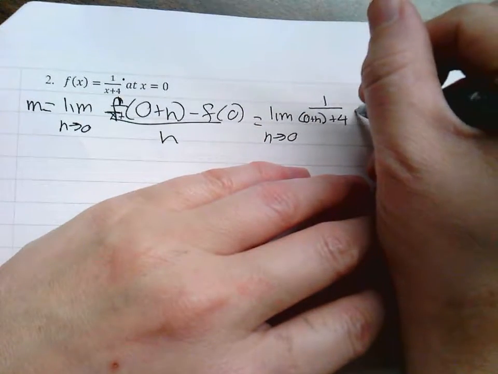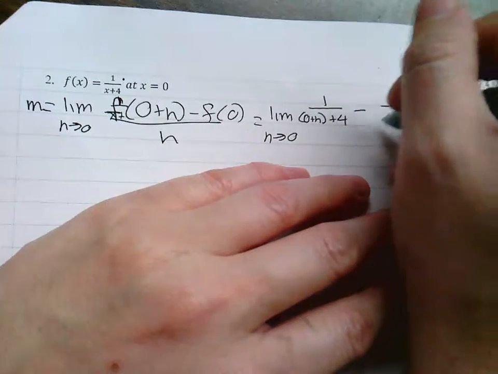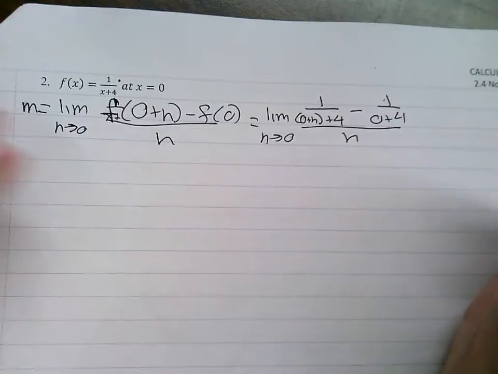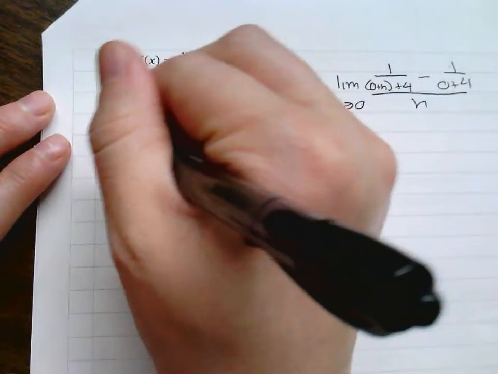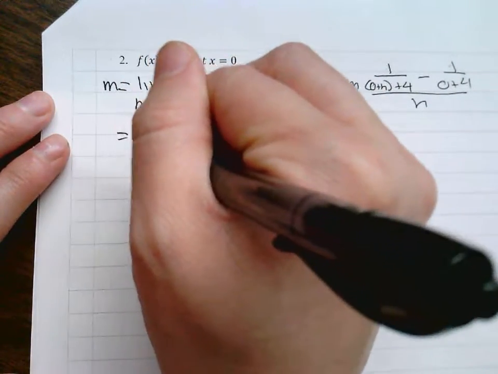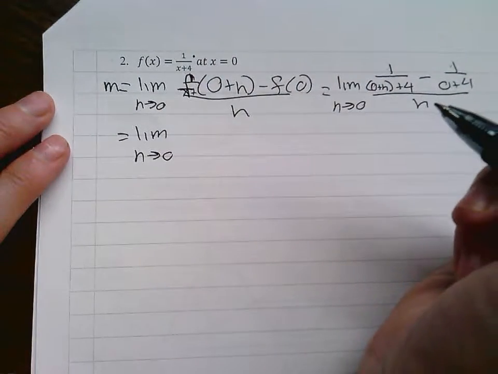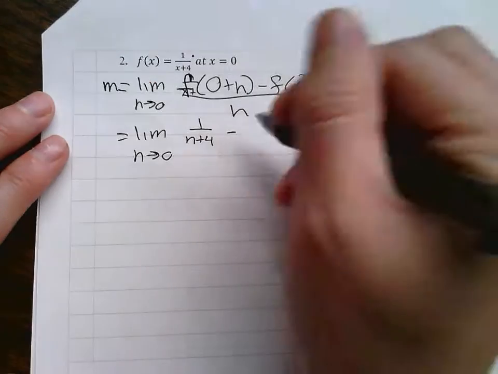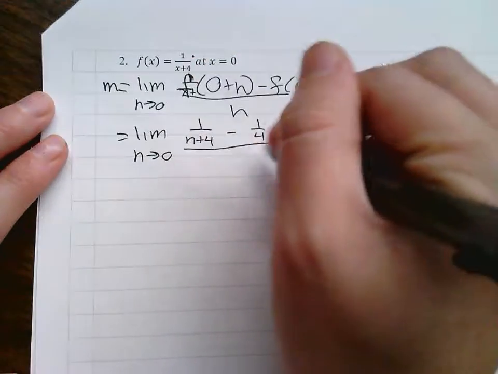Minus f of 0, which is going to be 1 over 0 plus 4, all over h. So the limit as h approaches 0 of 1 over h plus 4 minus 1 over 4, over h.